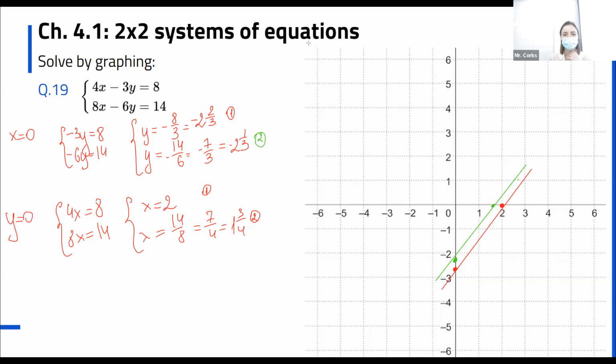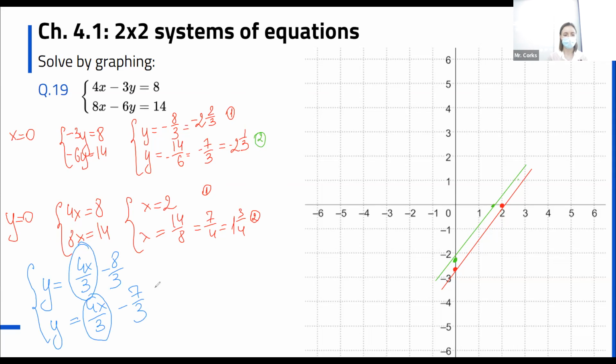In fact, if we solve it another way, making the slope-intercept form, it would look like y equals 4x minus 8 over 3. And the second will look like y equals 4x minus 7 over 3. So we can see from these equations that the coefficient in front of x is the same.